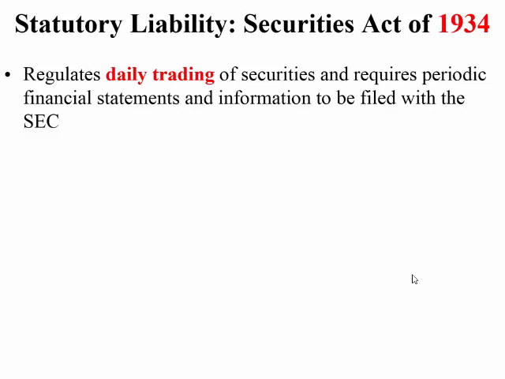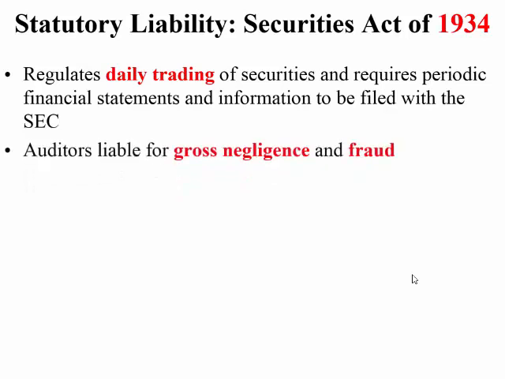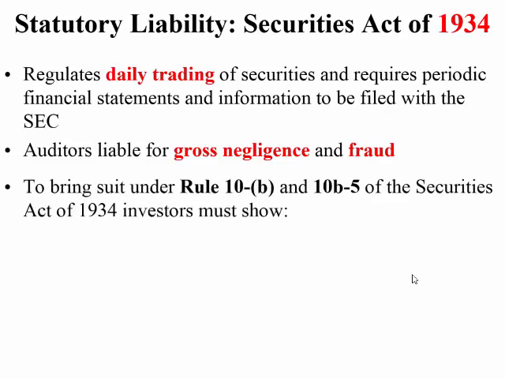And the 1934 Act, as it relates to auditor liability, deals with an auditor's liability for gross negligence and fraud. And so the important provision from the 1934 Act related to this is Rule 10b-5 of the Securities Act of 1934, where it sets forth what investors must show if they're going to sue an accountant related to issuance of securities.